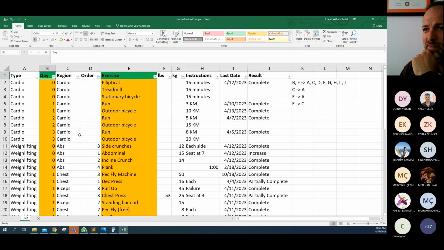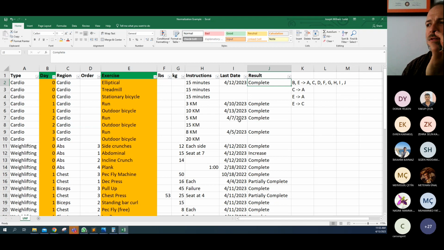Because 0 does not determine A, 0 does not determine C, right? 0 does not determine order, 0 does not determine exercise, 0 does not determine this stuff, right? 0 does not determine this, although here it does, but here it does not. 0 does not determine this, 0 does not determine this.